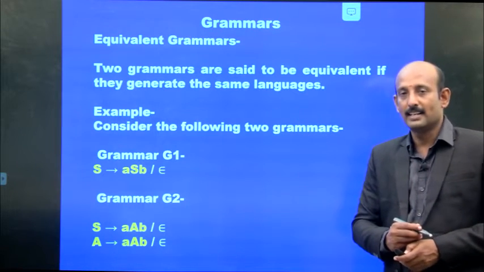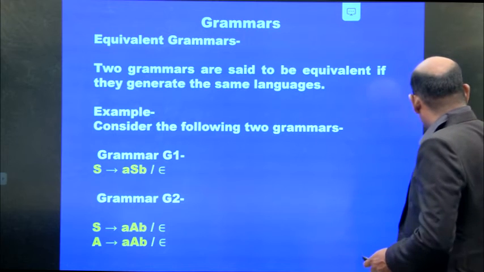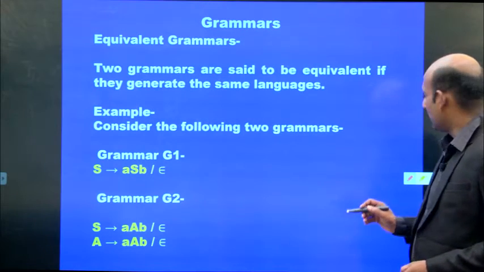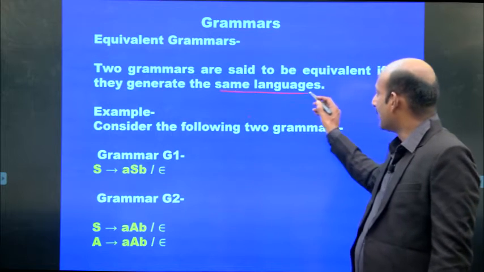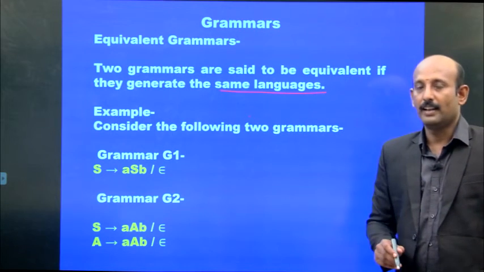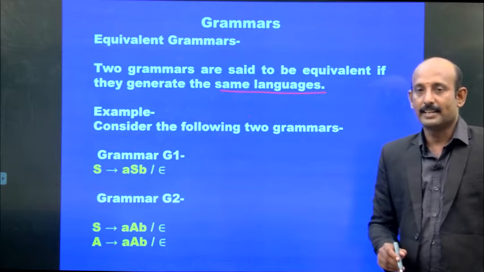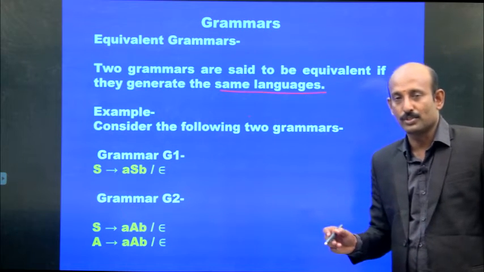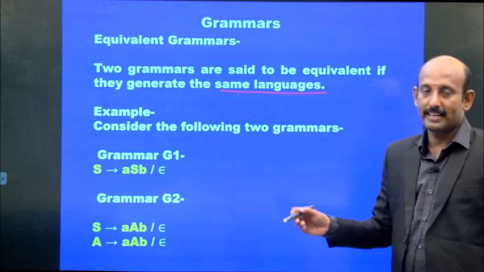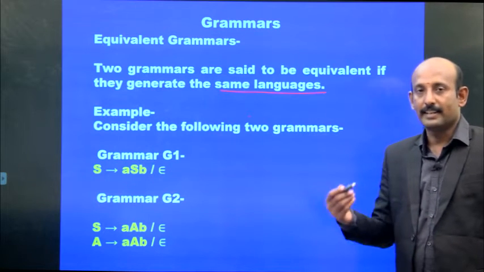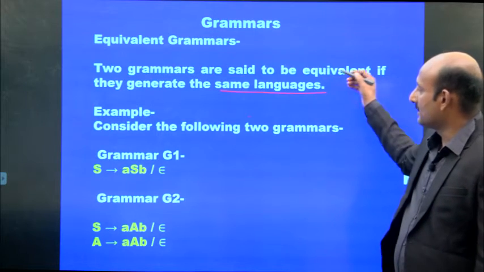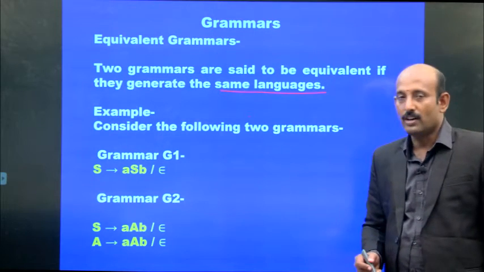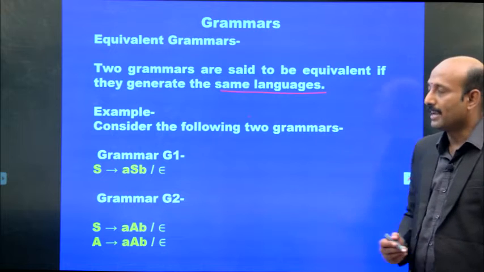Already you know that a language is nothing but a set of strings. We can derive the set of strings from these production rules, and two grammars are said to be equivalent if they generate the same language.